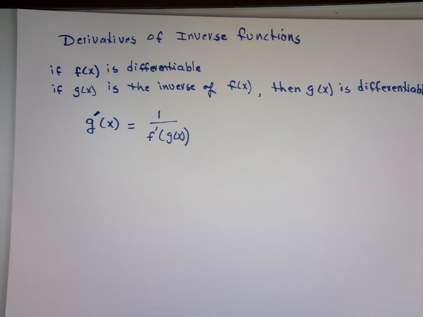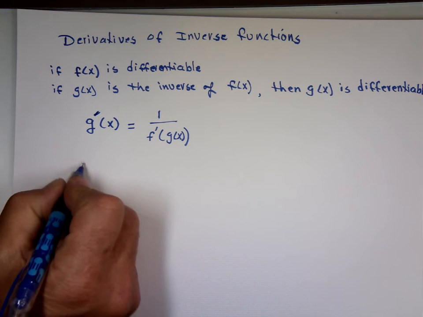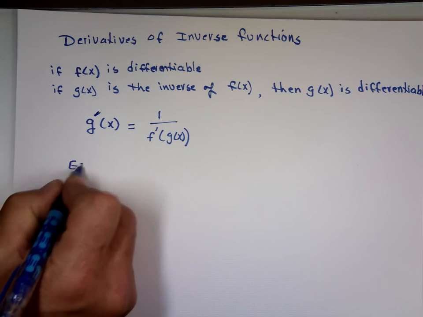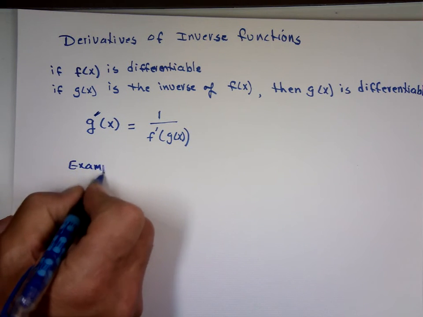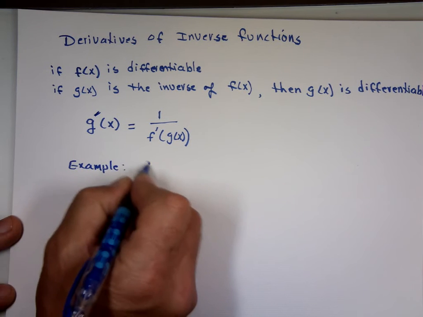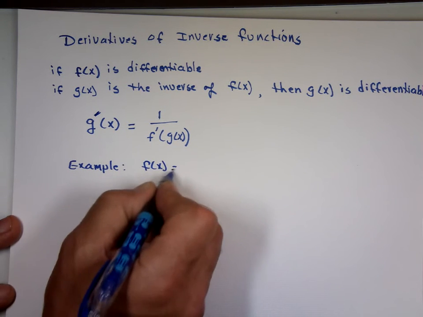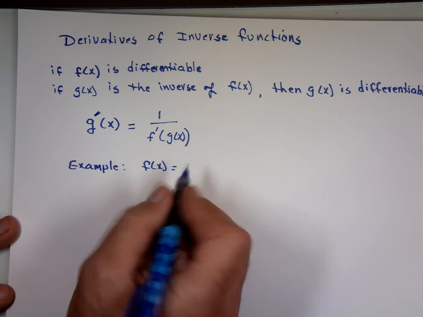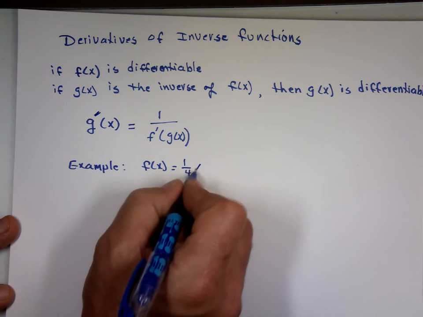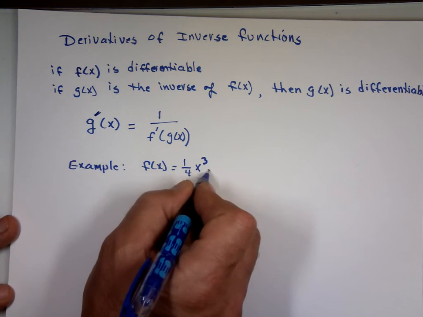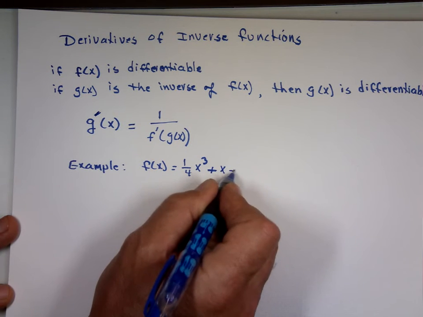An example. Let's assume, as an example, f of x is equal to 1/4 x to the third plus x minus 1.